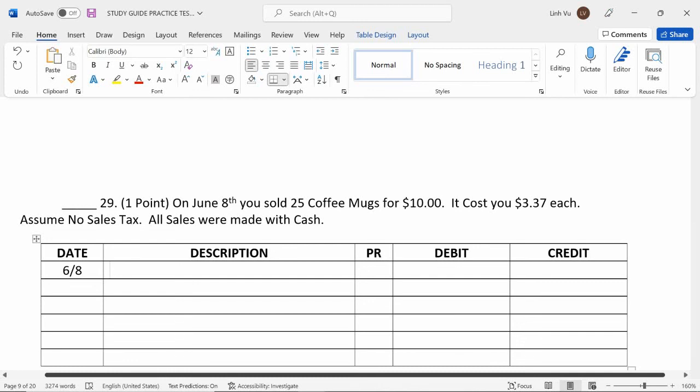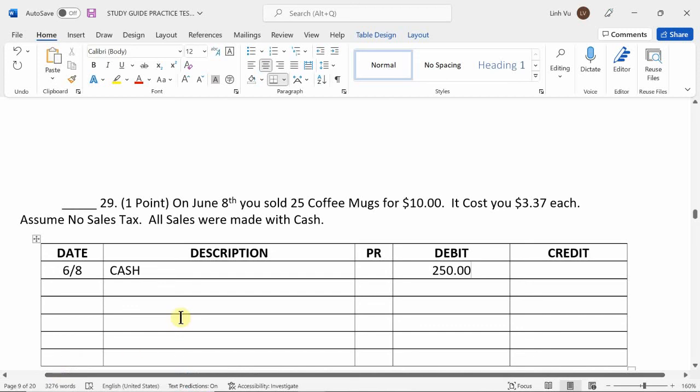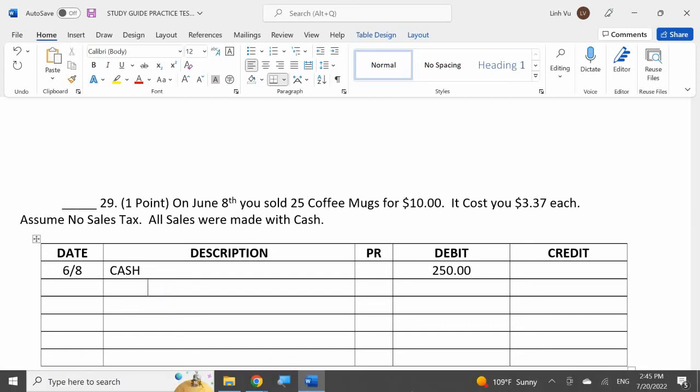You put cash for a debit of $250. 25 times 10 gives you $250. Good. And then we credit sales for the same amount, $250.